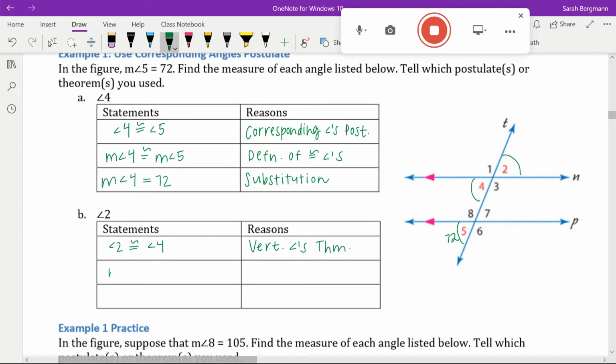Now I know that their measures must be equal by the definition of congruent angles. I can substitute in the measure of angle 4 that I found above to get the measure of angle 2 equals 72. Pause the video and try the practice problem below.